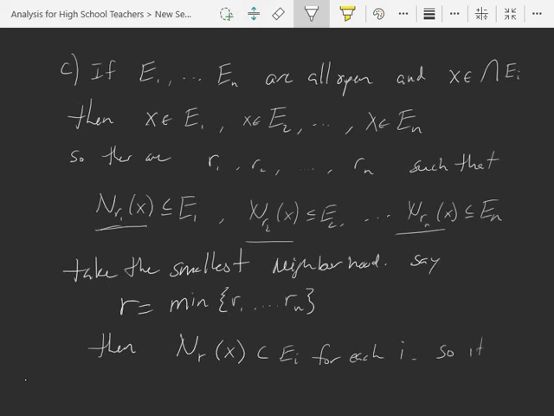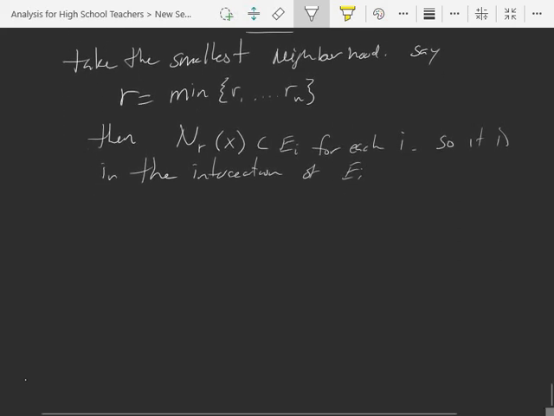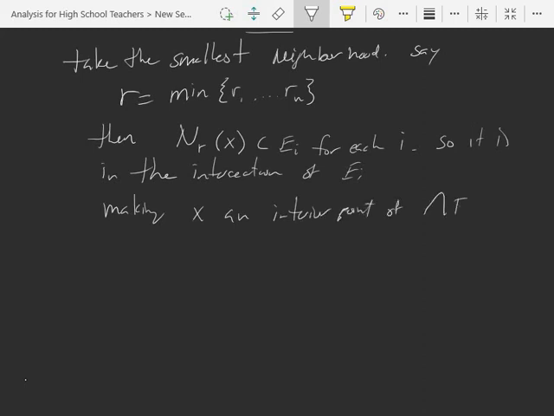So it is in the intersection of the E sub i's. Right? If it's in each of the E sub i's, then it's going to be in the intersection of each of them, making X an interior point of the intersection of the E sub i's from i equals 1 up to n.